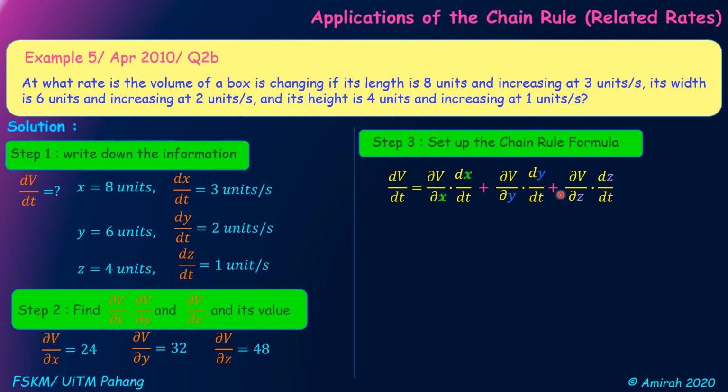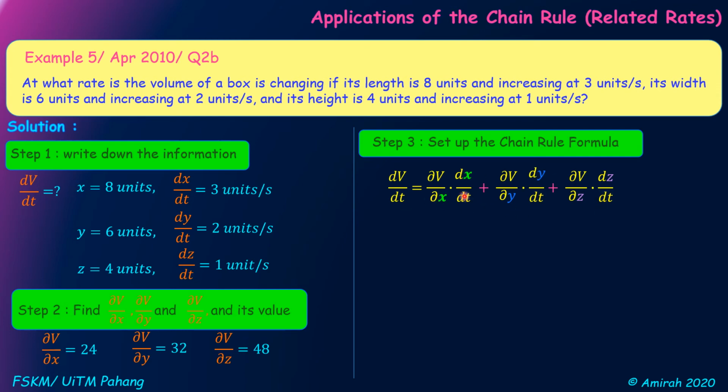Imagine we can simplify the del x, del y, and del z, so we get back del v del t plus del v del t plus del v del t, which equals dv over dt.